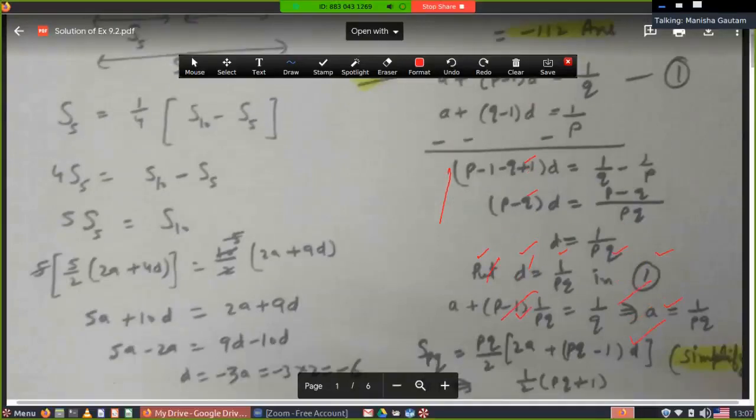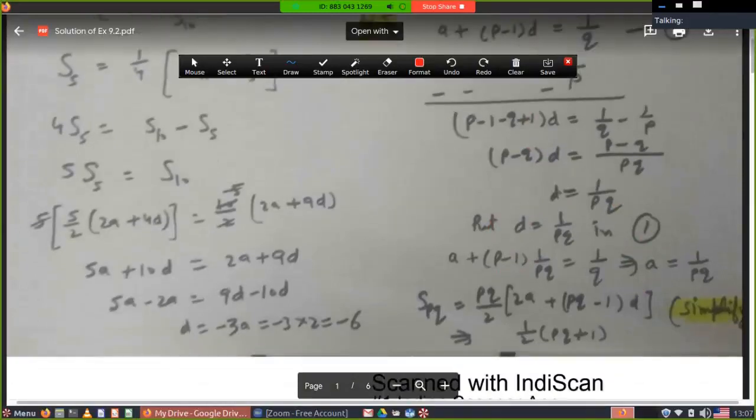Now if d is equal to 1 upon pq, put the value of d in any of the equations written above: a plus (p minus 1) into d, where d means 1 upon pq.